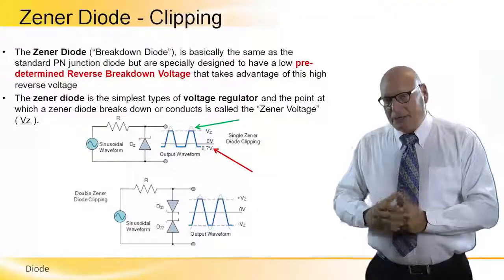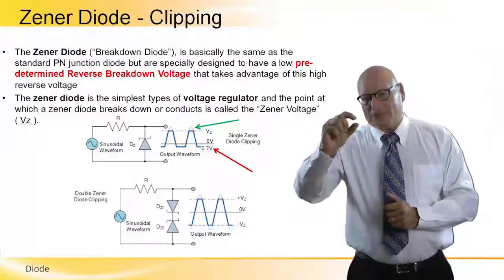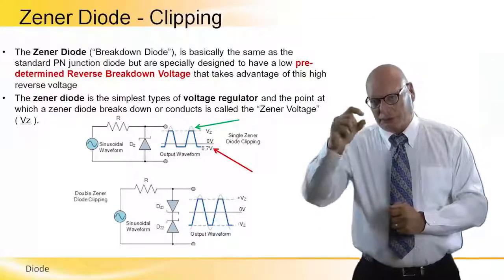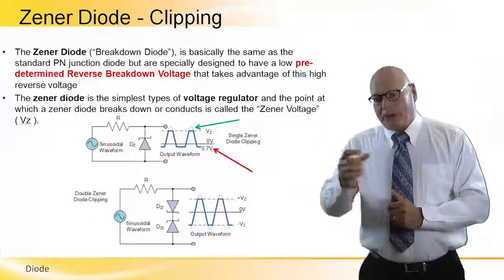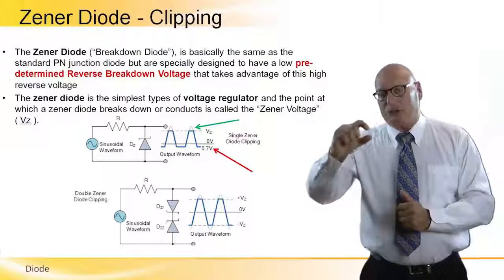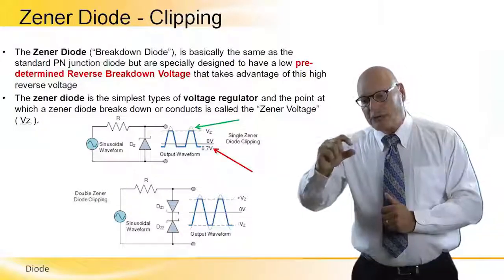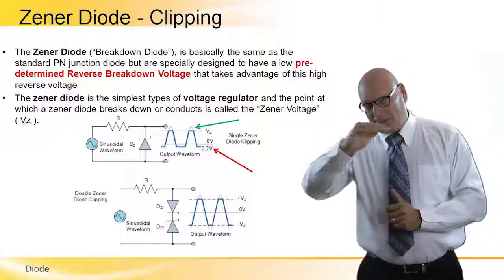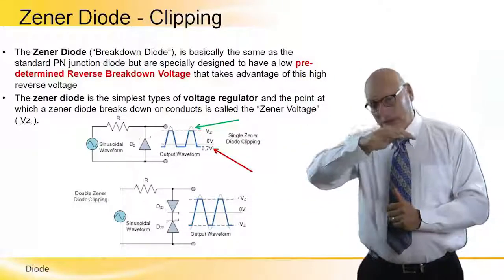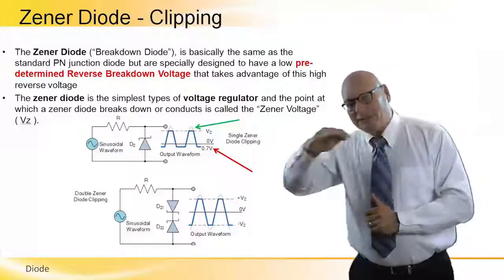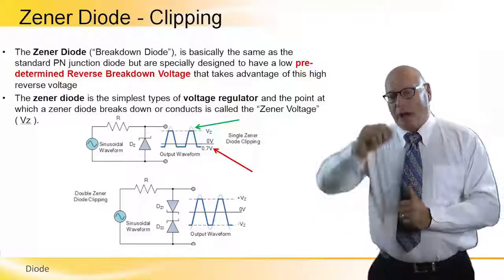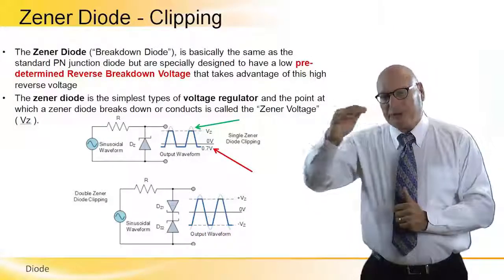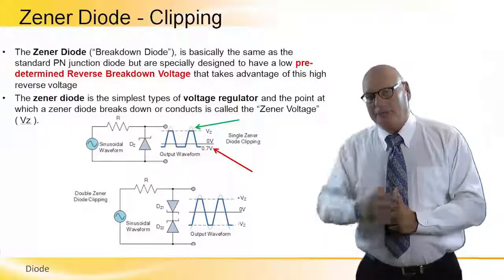That means that it will be plus 0.7, which is the contribution of the top diode, plus the fixed voltage of the bottom diode. This will determine the clipping level, above which everything will be wiped out, clipped.